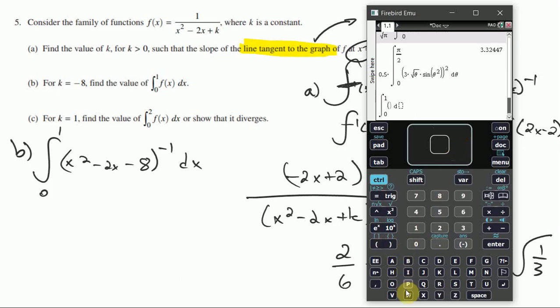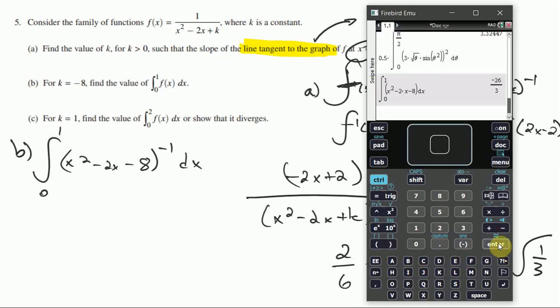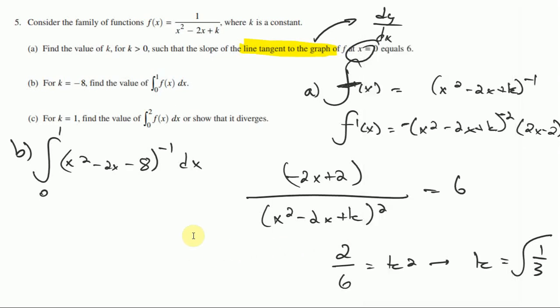Okay, negative 26 thirds. Let me write that down.